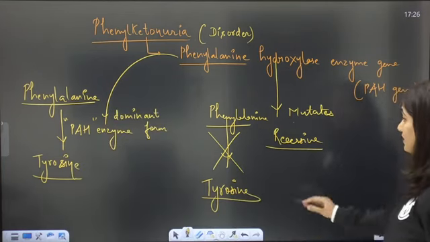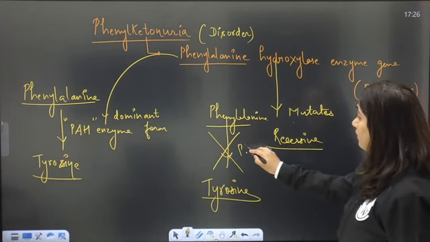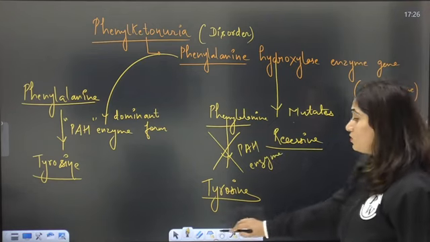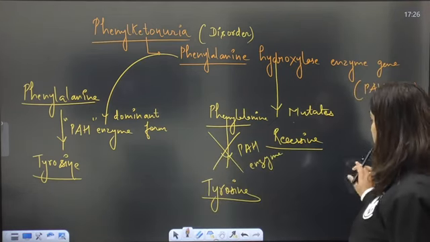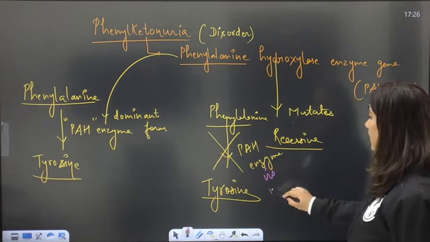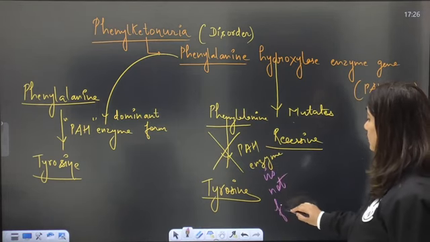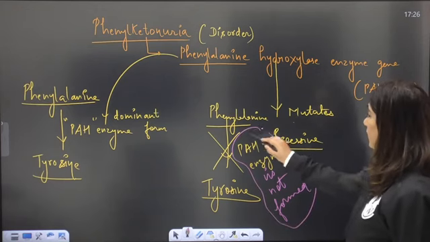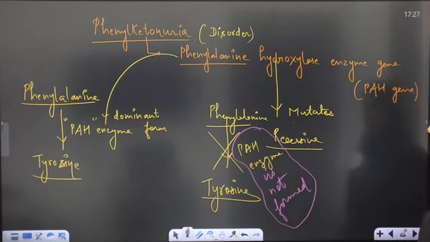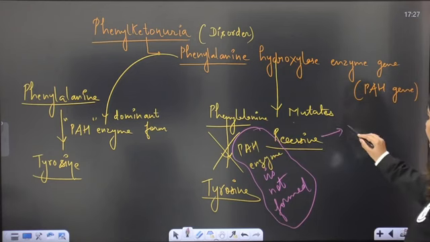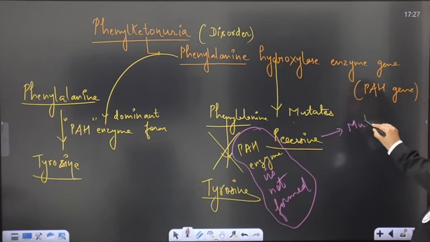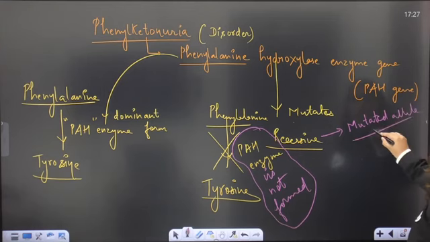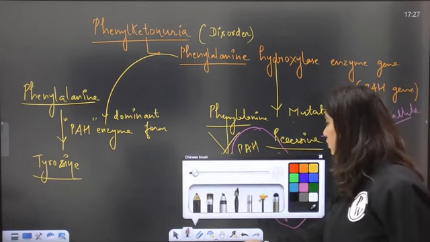Because this PAH enzyme is not formed. Why is it not formed? Because the gene has become recessive or mutated. And this recessive or mutated allele, which is causing the disease phenylketonuria, is actually pleiotropic in nature.